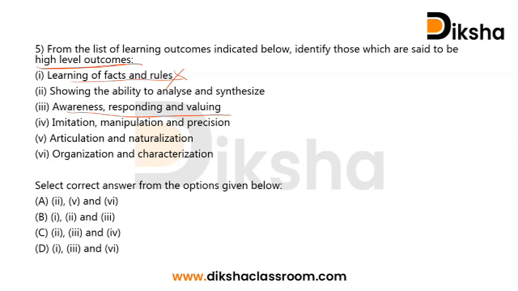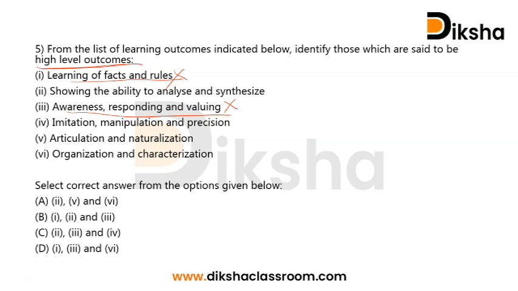We can respond to something without even thinking. We can value anything we see or hear without further thinking about it. So in awareness, responding and valuing, there is no need for complex mental processes. So this is also an incorrect one.